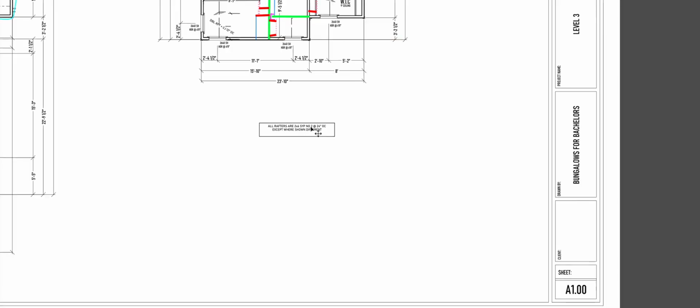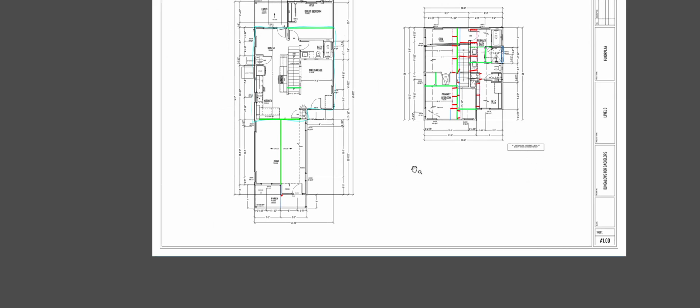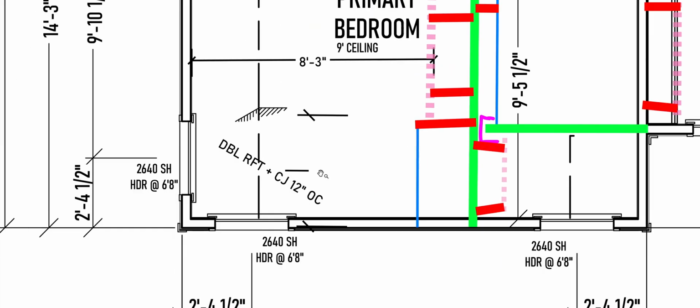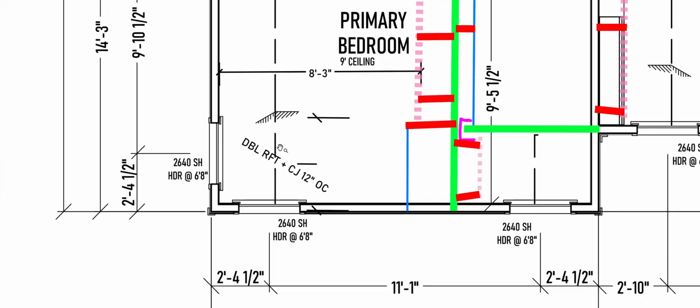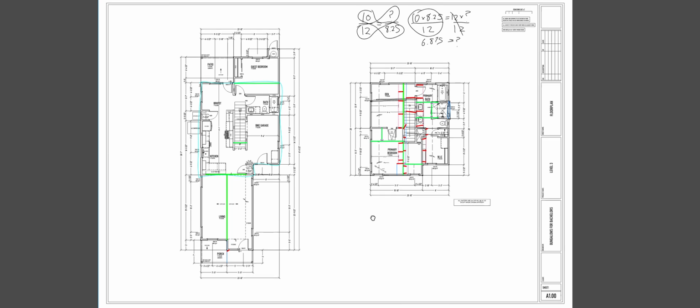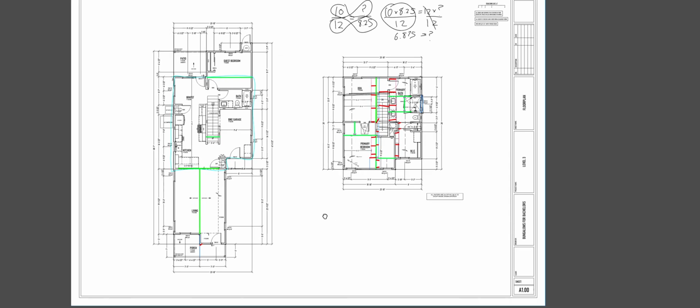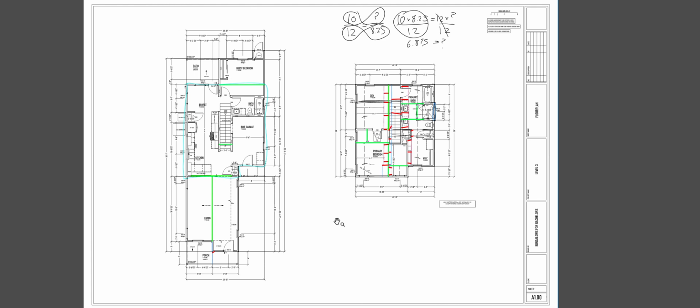Except where shown different. Okay, so that's telling me what my rafter sizes are on this whole project. Except, remember, in this one little spot right here, just so I didn't have to support because of this extra ceiling weight. Okay, so I'm just going to do 12 inches on center in that spot. Otherwise, everything else is good to go. And with that, my friends, the roof framing layout is complete.